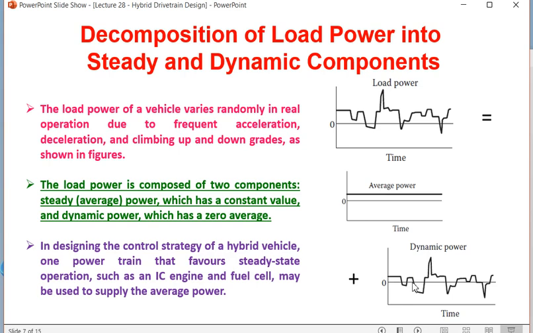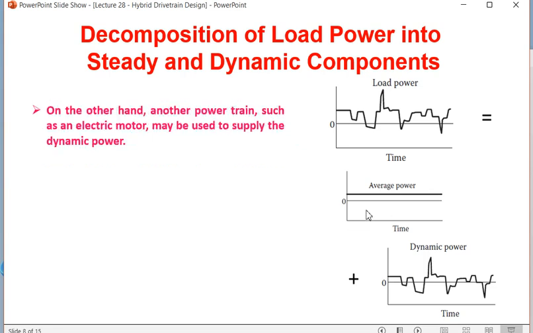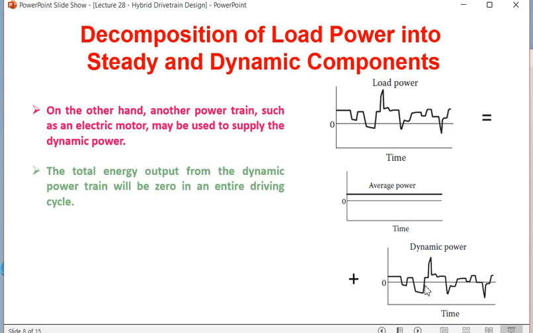For the first case, the engine or fuel cell can be used as the source for the primary or average power, and another powertrain, that is an electric motor or battery-based electric motor, may be used to supply the dynamic power. Whenever there is a big fluctuation, that part can be supplied by a specifically designed battery. The total output energy from the dynamic powertrain will be zero over an entire driving cycle.